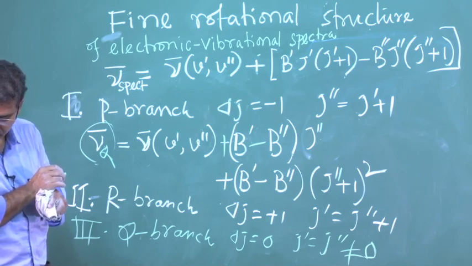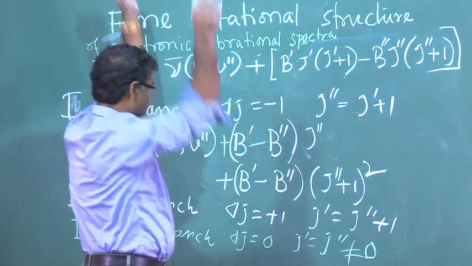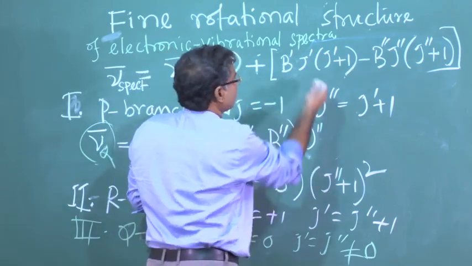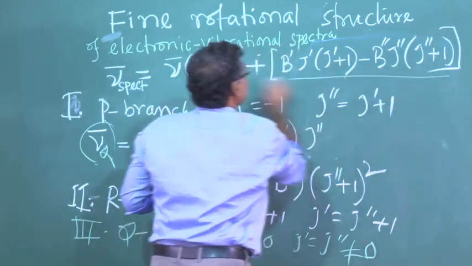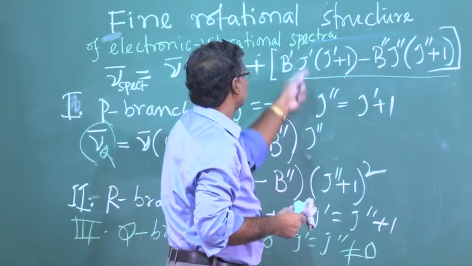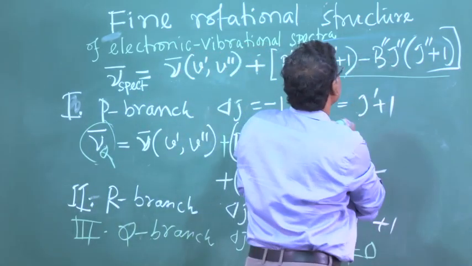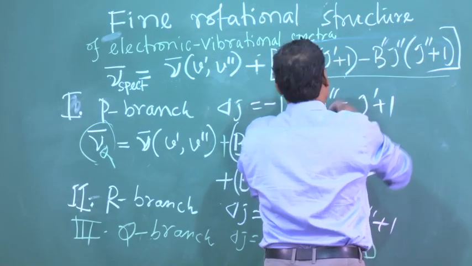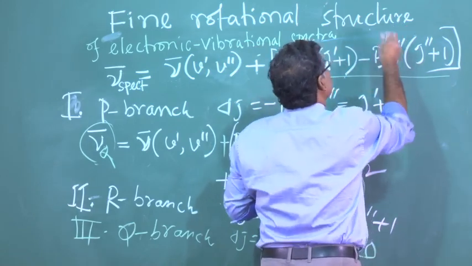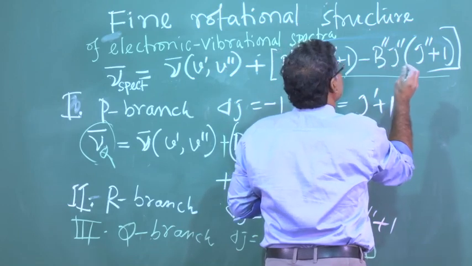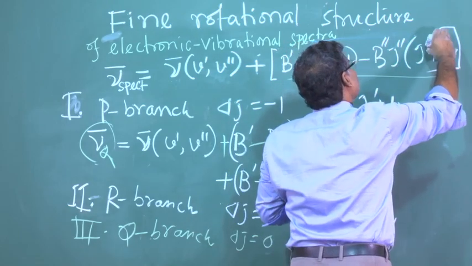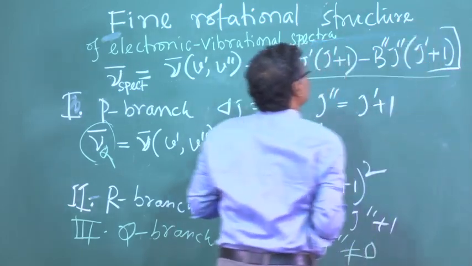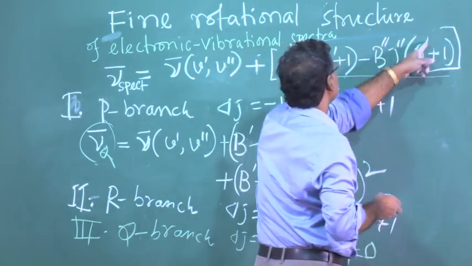I think I am making a mistake here; this will be the same, because J equals J double dash, so it will be J double dash. One can replace this, J equal to J.